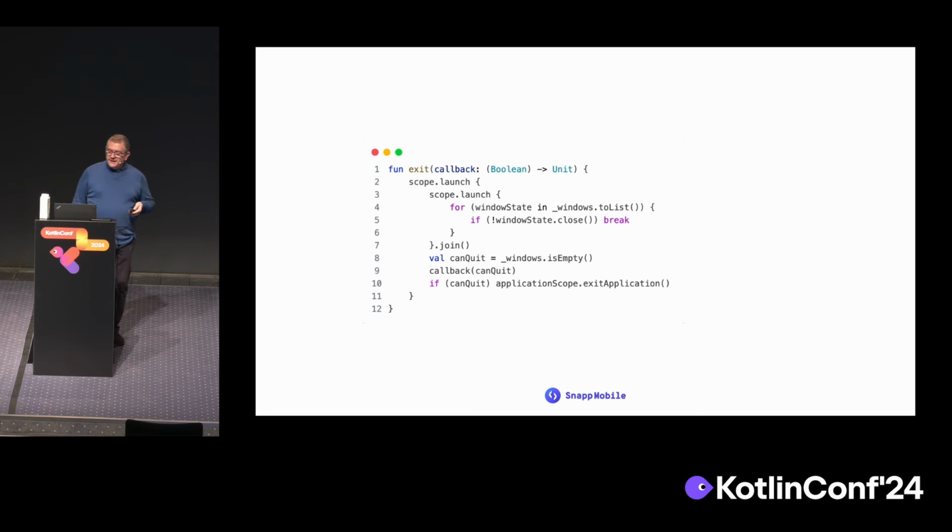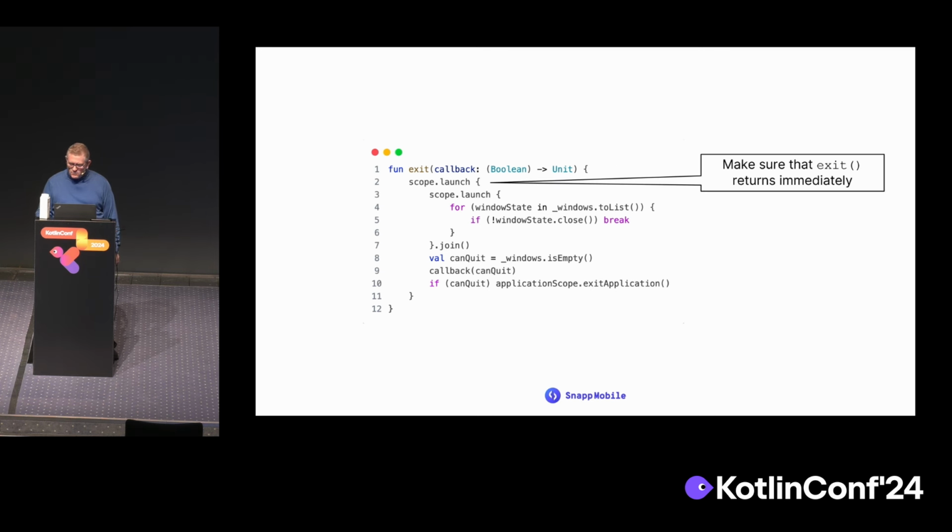That's why we create this exit function as a coroutine. So the function returns immediately, and then the coroutine does its magic and returns once it's iterated over all the app window states and has done what's needed. So we make sure that the function returns immediately.